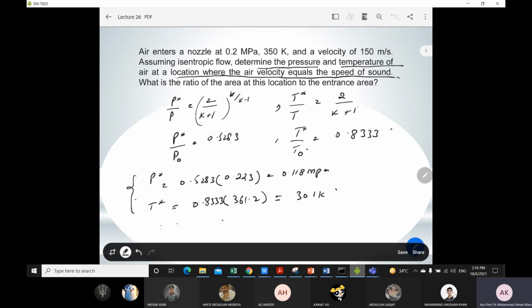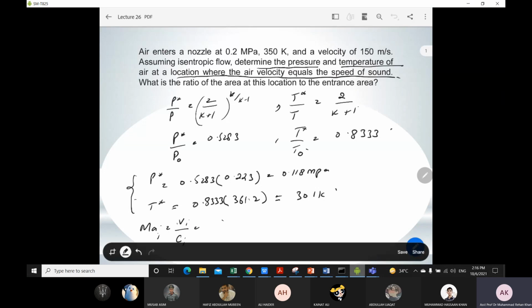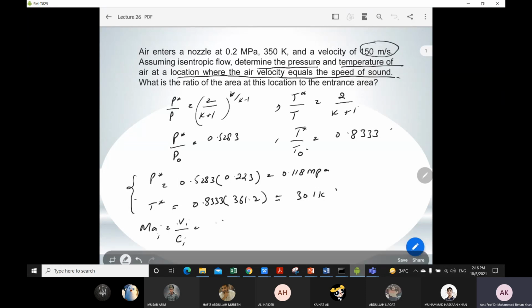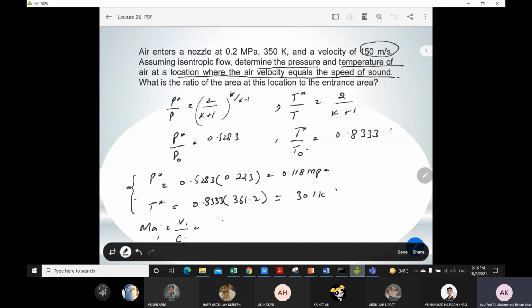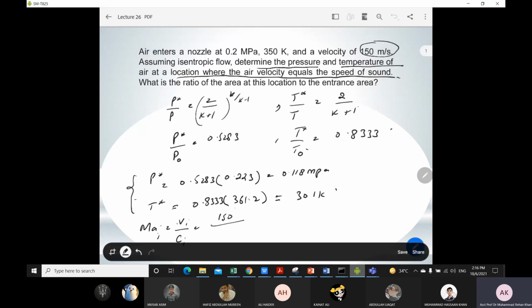So for the Mach number at inlet, it is equal to V inlet over C inlet. V inlet is known to us from the problem statement. It is 150 meters per second, and C inlet we have to find. C inlet is basically the square root of k R T inlet.